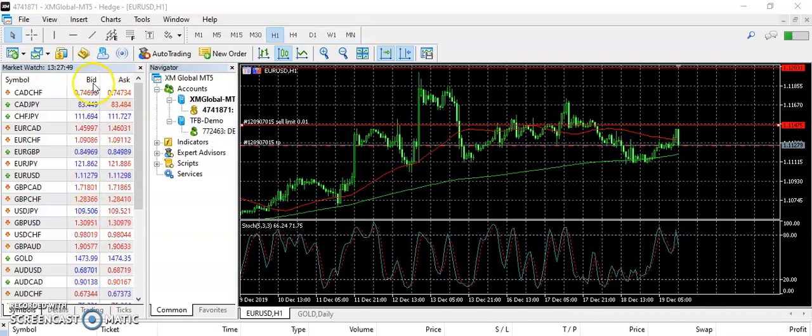The bid and the ask is actually the buying and the selling price. The difference between these two is what they call the spread.